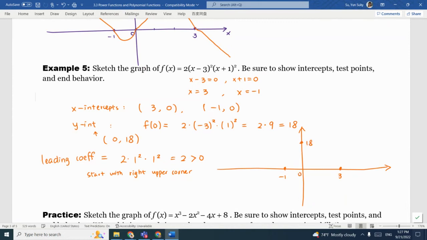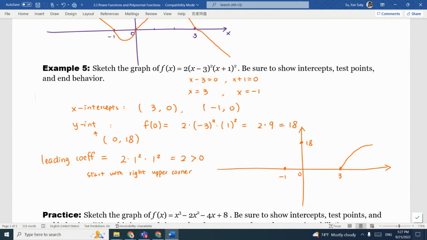So 18. We just put a bar here and say this is 18. So it passes through the x-intercepts 3, 0 and -1, 0, and y-intercept 0, 18. Is that clear, everybody? So instead of putting the bars, label it. And then we start with the right upper corner. 3 corresponds to this.